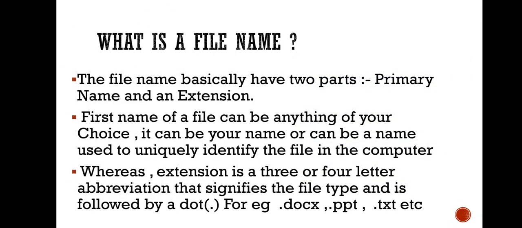Why? What is the need of giving a file name while saving a file, and what things should we keep in mind? First of all, a file name basically has two parts, a primary name and an extension. Primary name means whatever name we want to give to our file. And what is an extension? Extension is an abbreviation or a short form of a file type. That means in whichever application the file has been created, the file type, a three or four letter word of that application, is going to be added to this primary name.